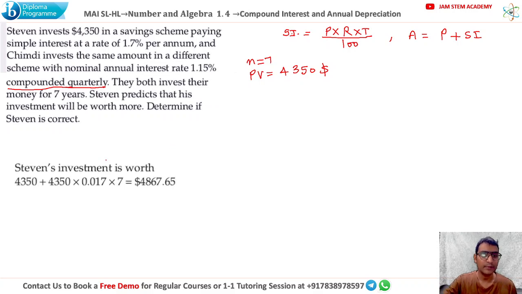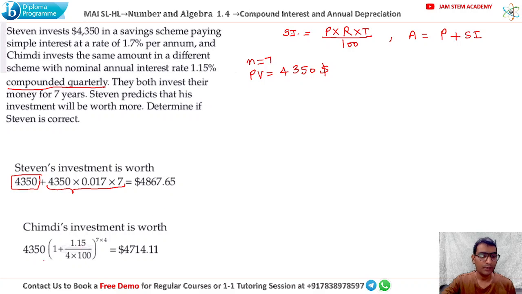Stephen's investment will equal the principal amount 4,350 plus the interest calculated over 7 years. That comes out as 4,867.65. Now let's find Chimdi's investment value after 7 years using the compounding.